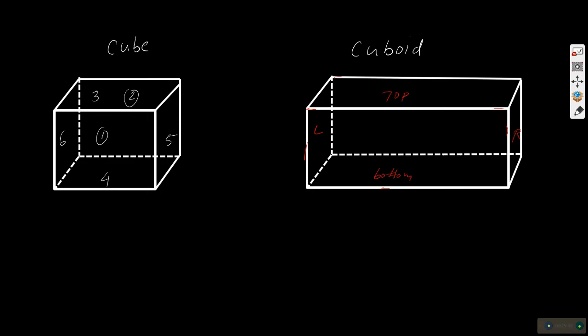So we are having 6 faces, and opposite faces we can say they are almost having same area, and length is there, breadth is there, and there is a height or depth we can think about that also.